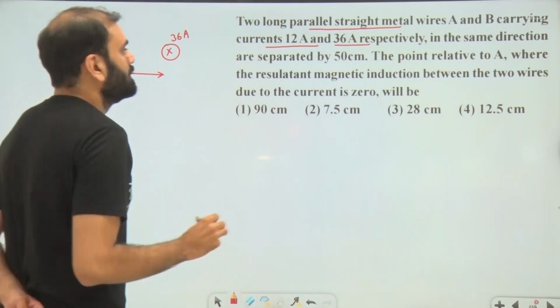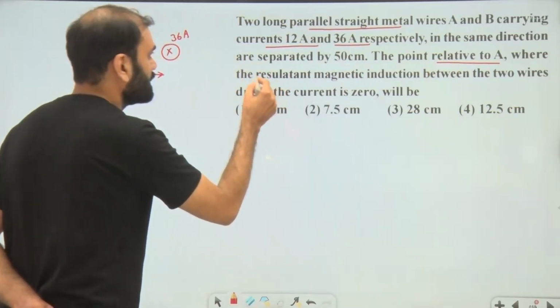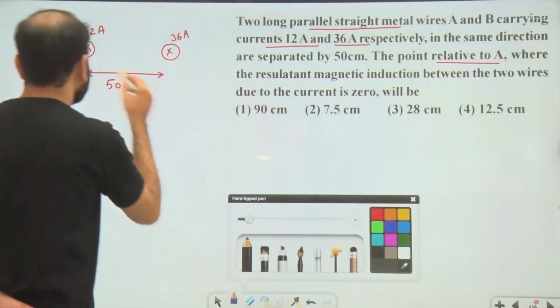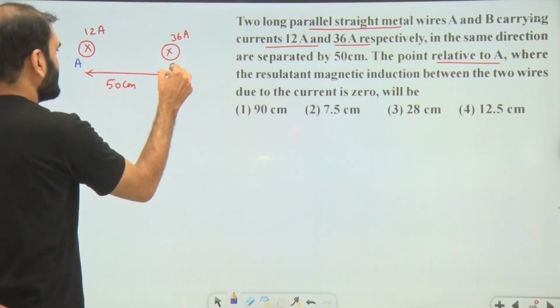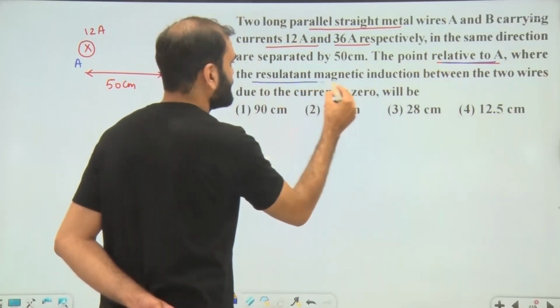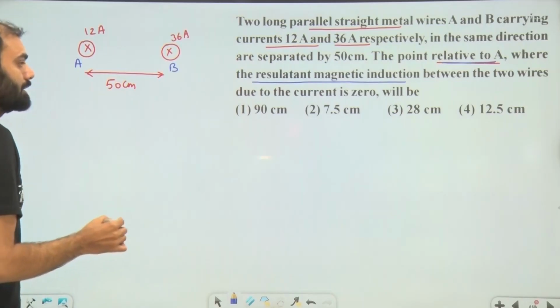Now, the point relative to A. Here is the A wire, and here is the B wire. We need the point relative to A where the resultant magnetic induction between the wires due to the current is 0.